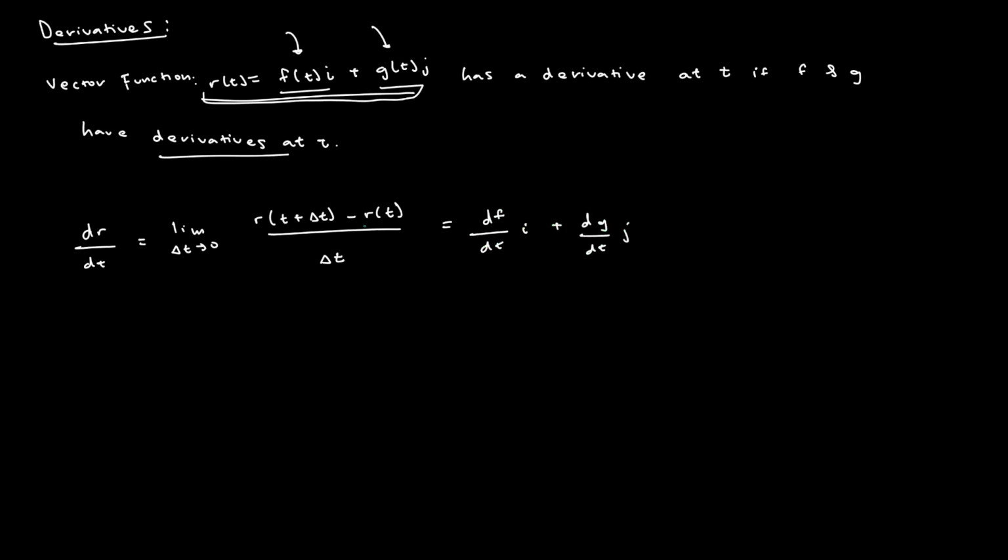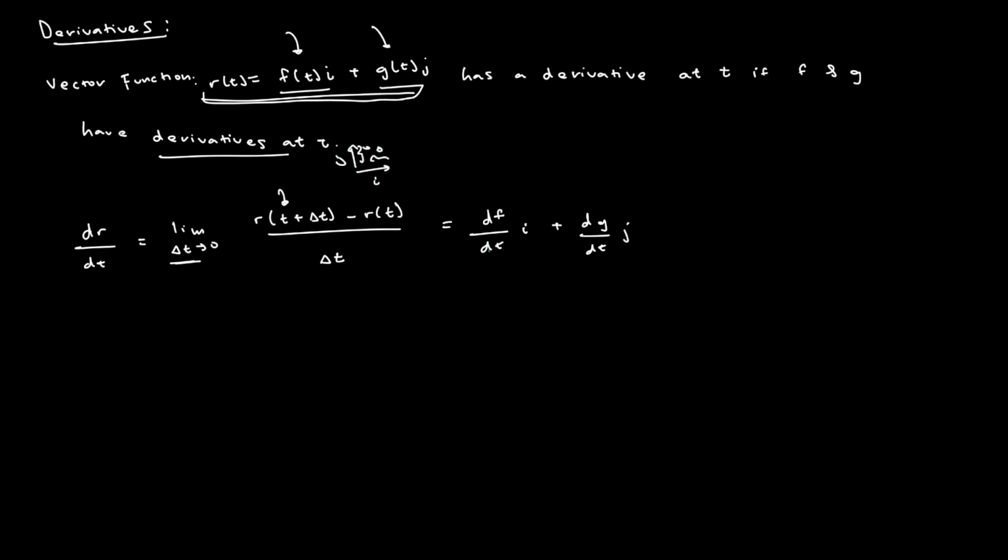And so this makes sense, right? Because we have this delta t, which is some small difference away from the point t which we're at. Now that we're dealing with vectors, there's a direction in the i direction and a direction in the j direction, and we're squeezing both of those towards 0.